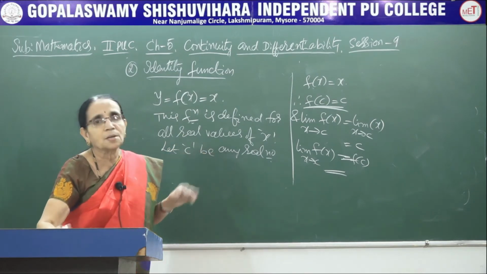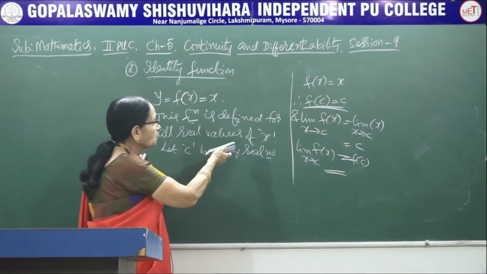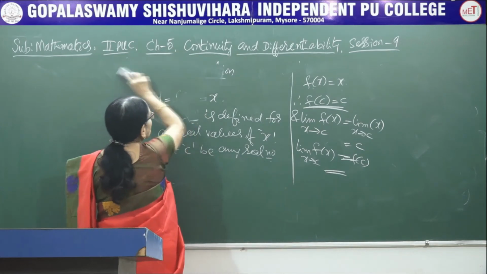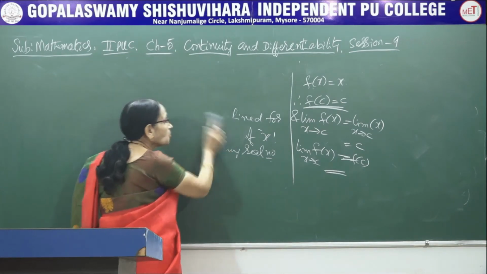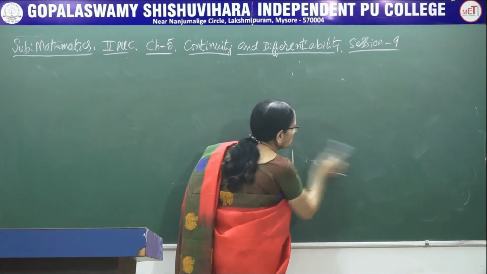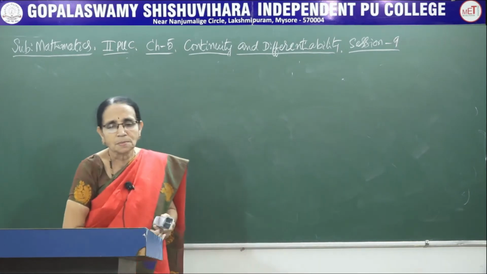So, it becomes a continuous function. So, you can generally say it is continuous for all the real values of x, and you can also say it is a continuous function, or we can say the function is continuous for all the real values of x, both mean the same thing.